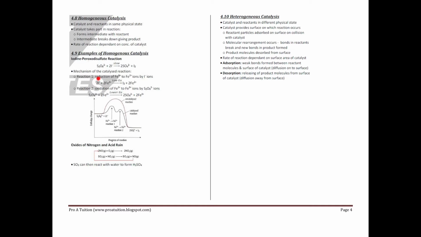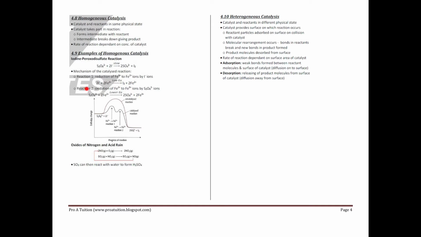Reaction 1: the catalyst reacts with the iodide to become iodine, and the catalyst is reduced from iron 3 ion to iron 2 ion. So it's a redox reaction. Iodide is oxidized and the catalyst is reduced.